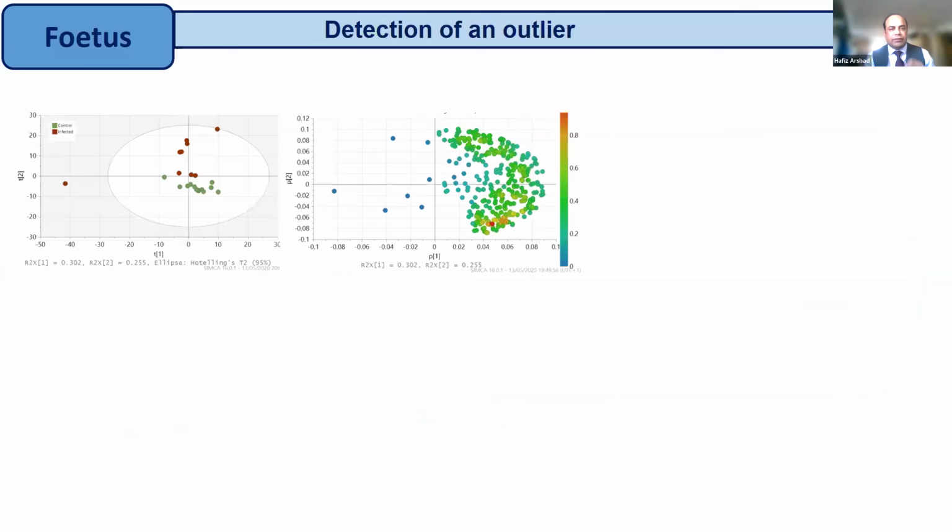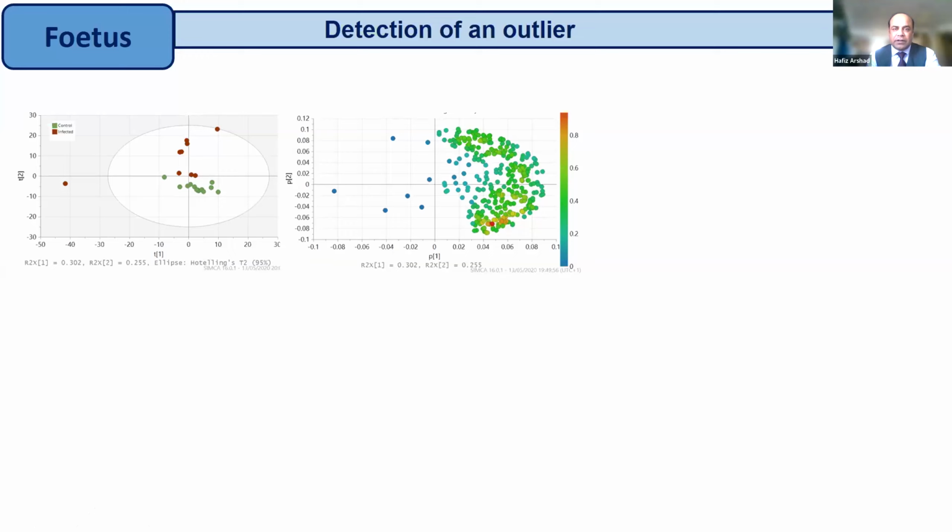First of all, I would like to show some of the difficulties we encountered during this study. As we can see from the PCA plot here, this one was a detection of an outlier in the data, and the corresponding loading plot, the green one, showed an unequal distribution of different variables.